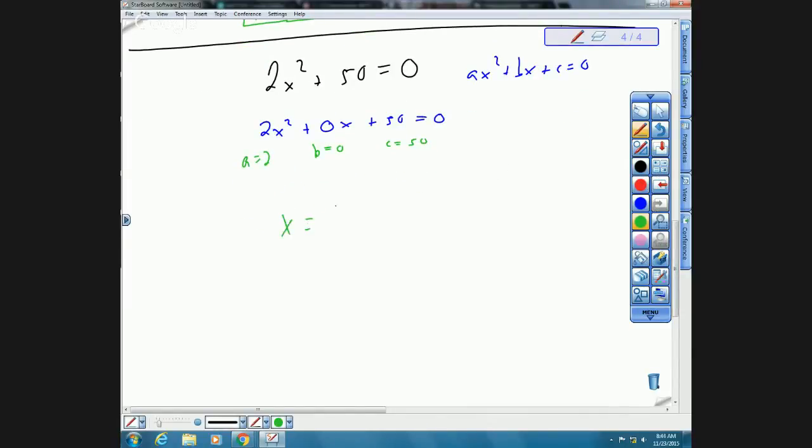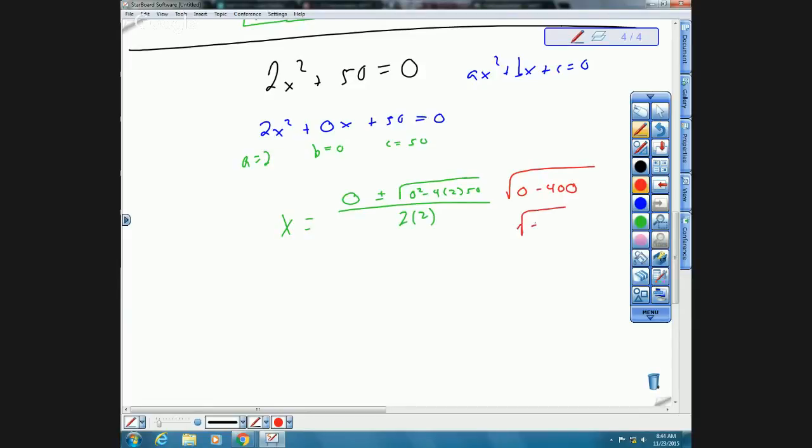So you do the opposite of b, well, the opposite of 0 is 0. Plus or minus b squared minus 4 times a times c all over 2 times a. So 0 squared is 0. Negative 4 times 2 times 50 is negative 400.